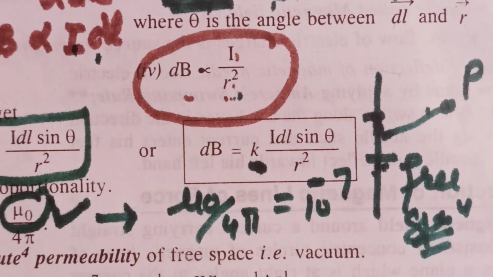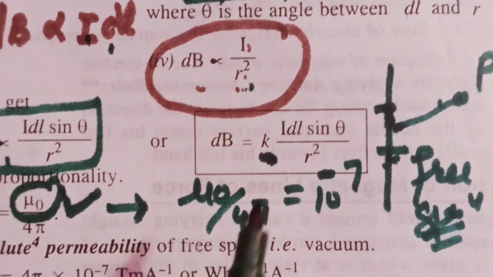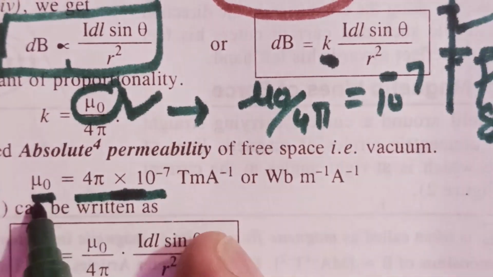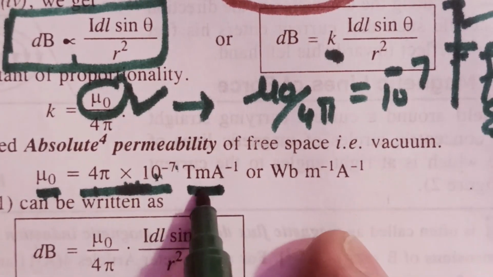Or you can say mu naught is 4 pi into 10 to the power minus 7 in SI system.